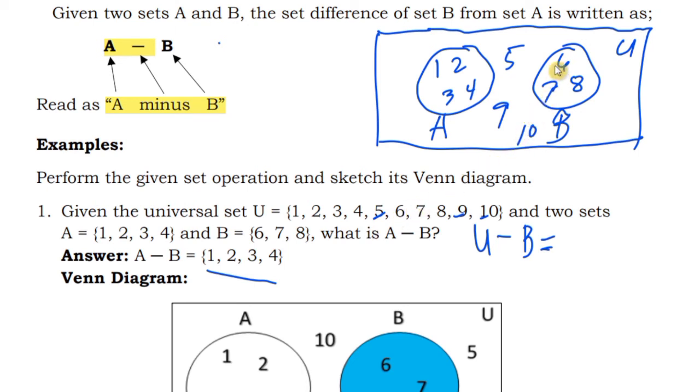What are those elements in set B? So the elements are 6, 7, then 8.